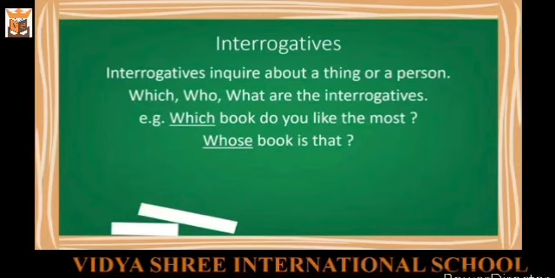That's why it is an interrogative determiner. Whose book is that? Whose is followed by a noun. That's why here it is used as an interrogative determiner. I hope determiners are clear to you now.